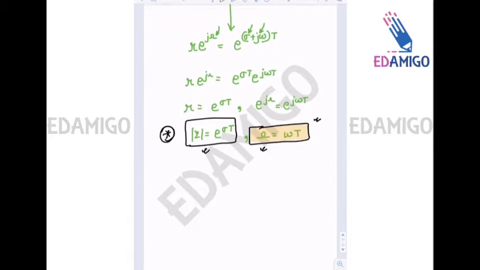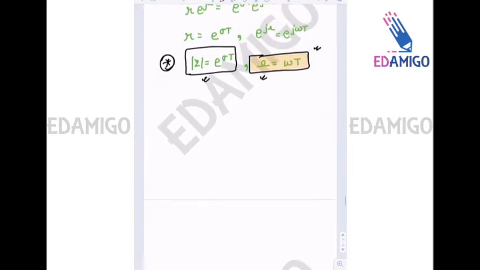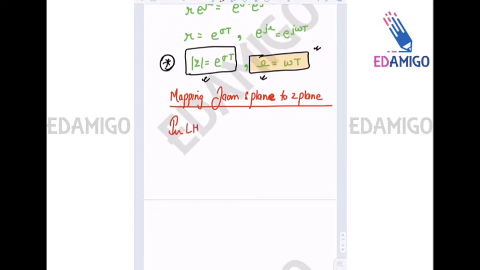Now if I look at the mapping from the S plane into the Z plane, in the left half of the S plane, sigma, the real part, is less than 0.